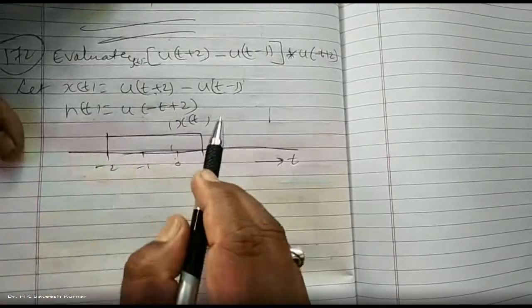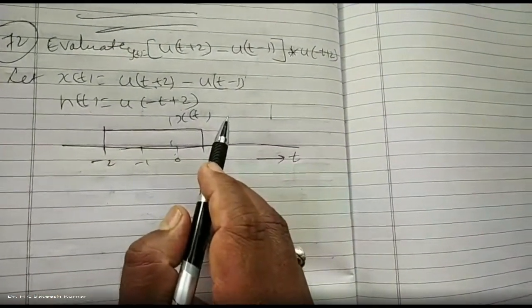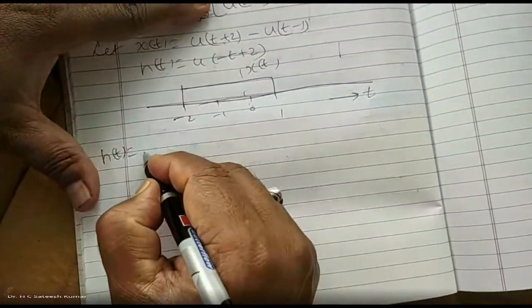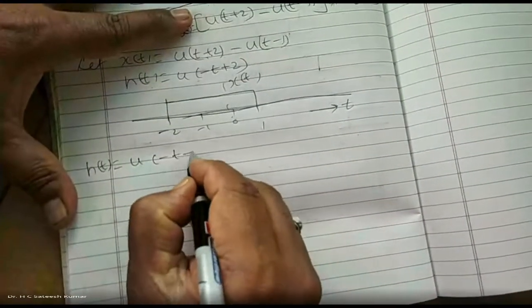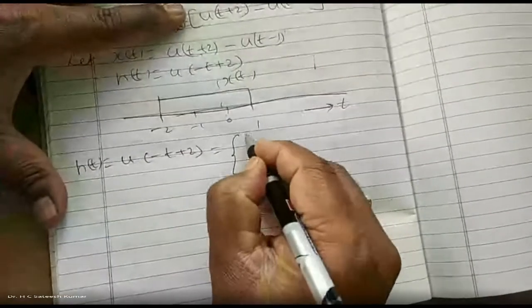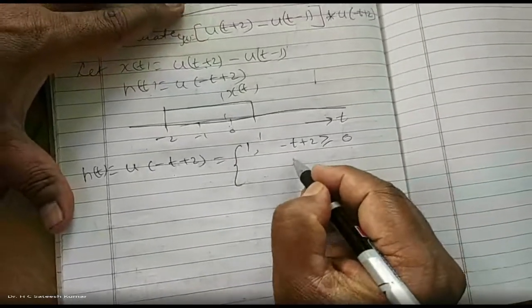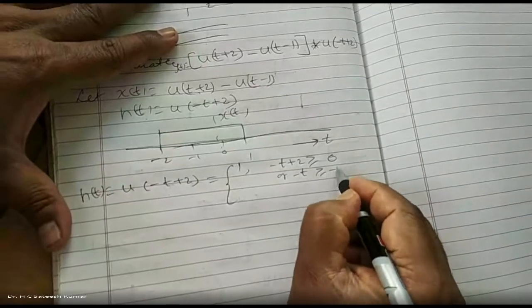H of t, we can do it in 2 ways. One is by basic formula, I'll do that first. H of t is equal to u of minus t plus 2, which is equal to 1 for minus t plus 2 greater than or equal to 0, or minus t greater than or equal to minus 2.